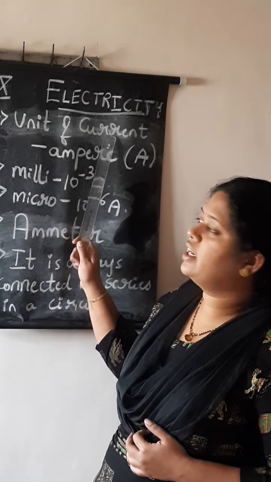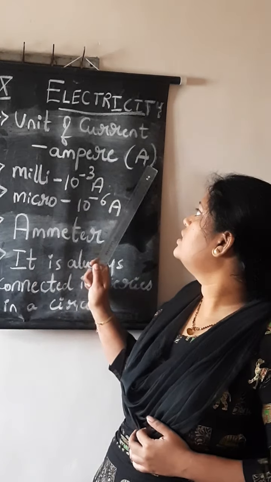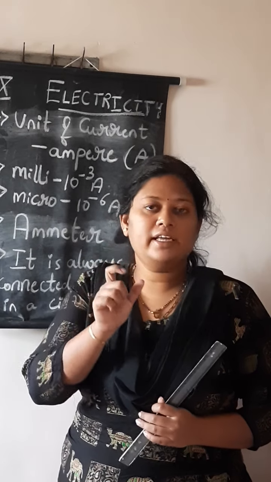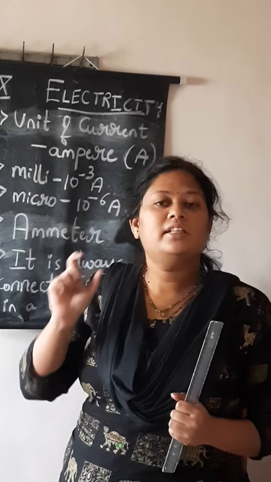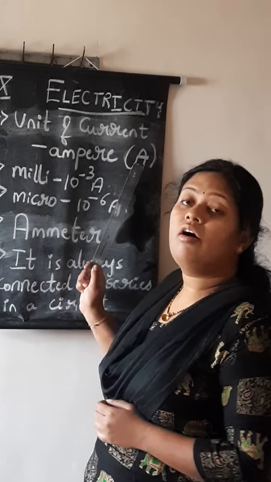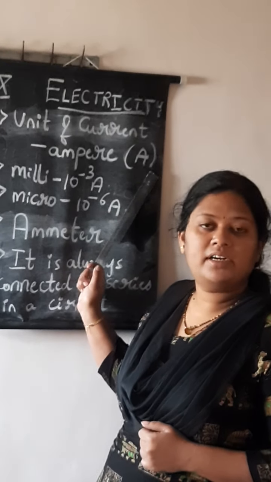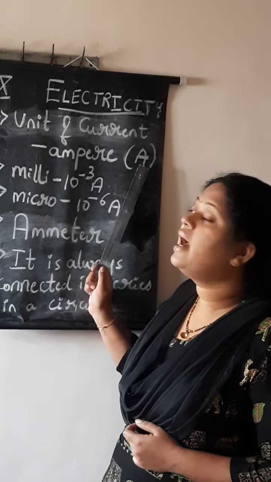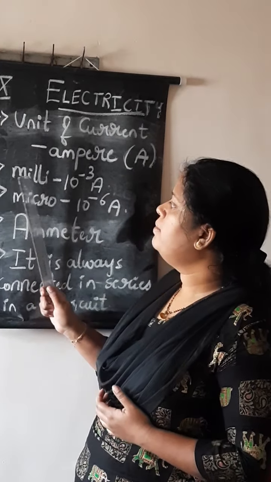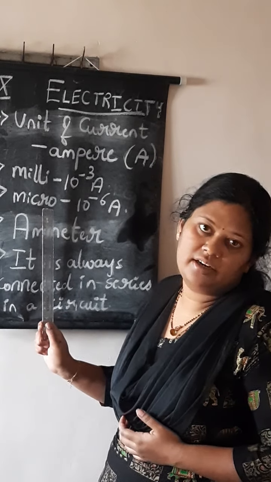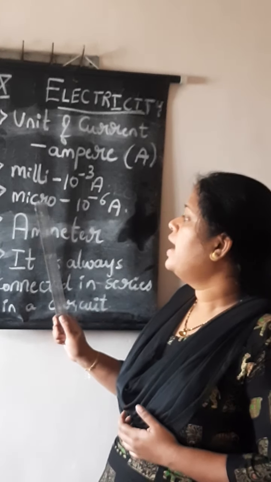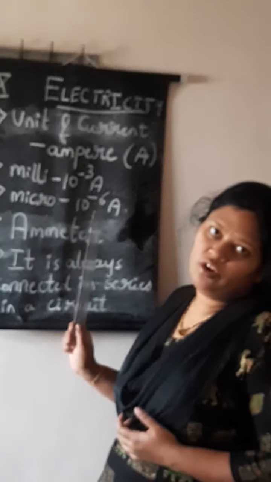That is, the unit of current is ampere, and it is represented by capital letter A. So whenever you are solving numericals or writing the value of current, 2 amperes, 3 amperes, 10 amperes, like that, we mention it in terms of amperes or simply the letter A. We also measure current in milliamperes and microamperes. Milli, you all know, no? 10 to the power minus 3 is milliampere and 10 to the power minus 6 is microampere.